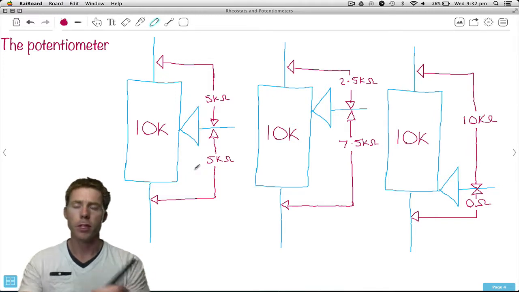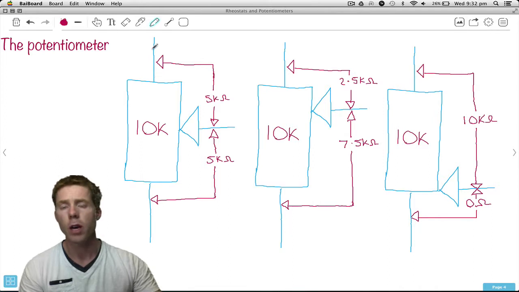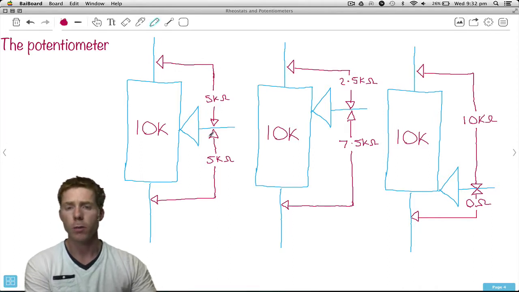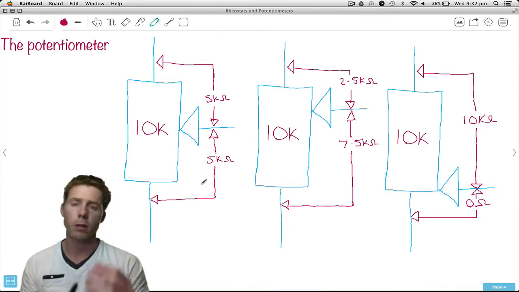Have a look at a couple of examples here. If we were to have this right in the middle and it was a 10K potentiometer and we measured the resistance between where the wiper arm is positioned and the top leg, you'd be getting 5,000 ohms. If you measure between the wiper arm and the bottom leg, you'd get 5,000 ohms, 5K. It's right in the middle.